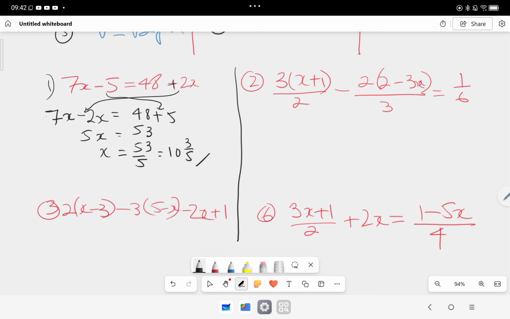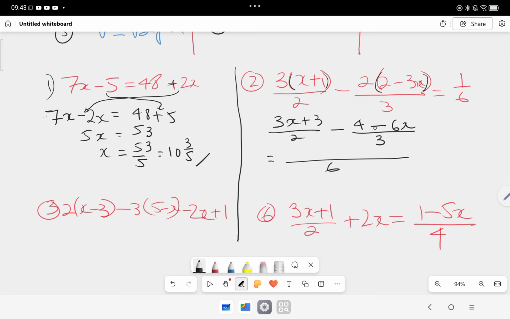Similarly here, parentheses first. Multiply out 3x plus 3 over 2 minus 4, expand that as well, minus 6x over 3. Now if you simplify that, the common denominator is 6.